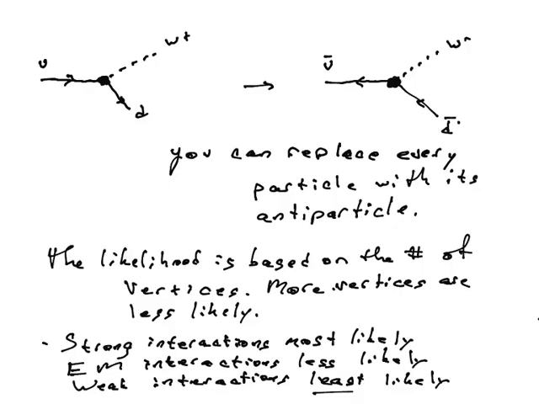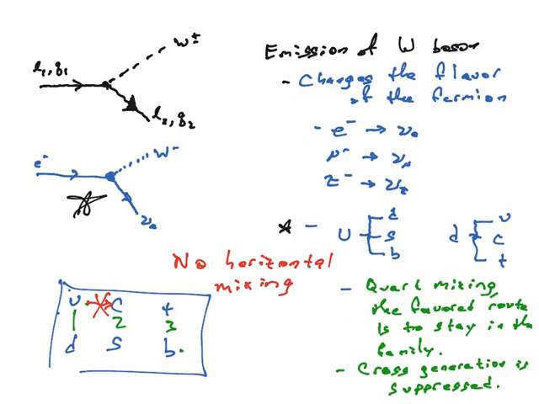Now we saw way back here, right here, the strange quark can become an up quark, right? It can cross generations, there's no horizontal mixing, but the strange can become a charmed, the strange can become an up, the strange can become a top.